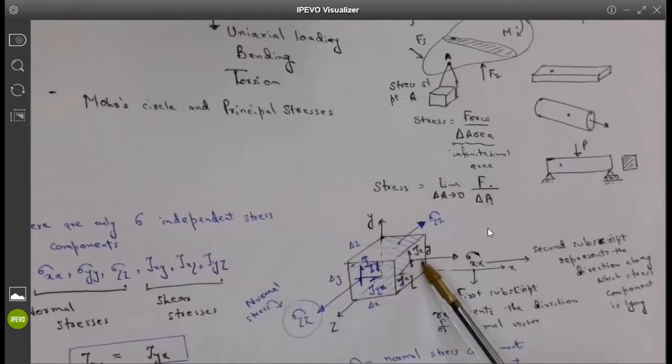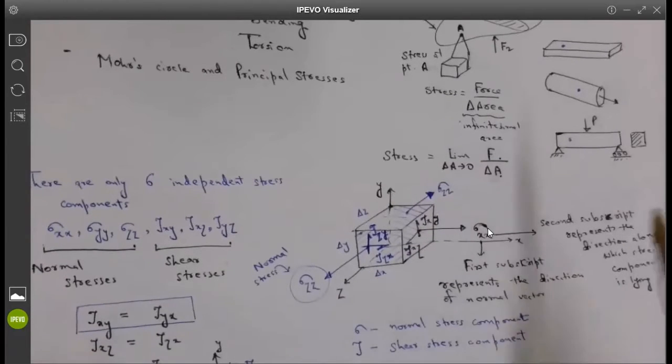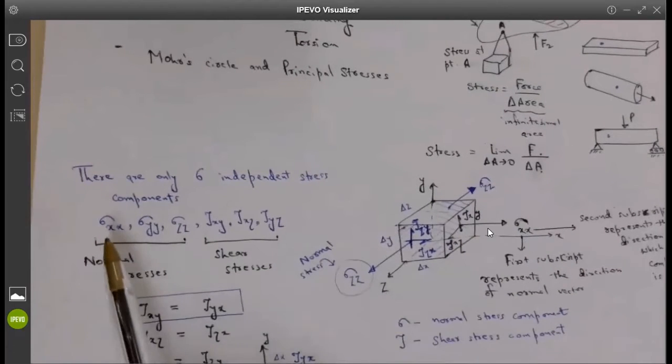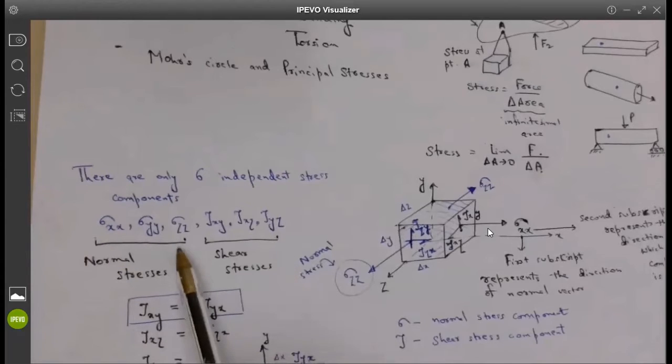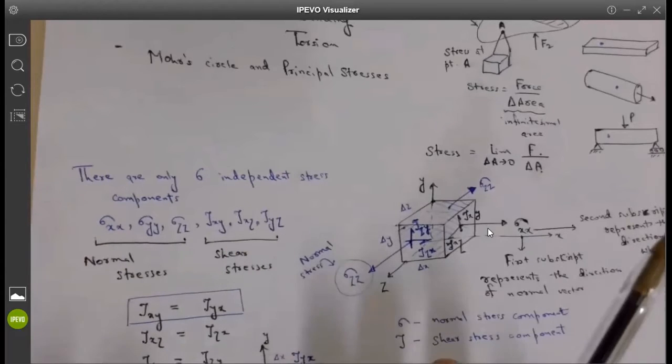A cube has 6 faces. For each face, I have a normal component and 2 shear components. So I don't need to worry about all 18 components, because 3 times 6 is 18. I know there are only 6 independent stress components, 3 normal and 3 shear.